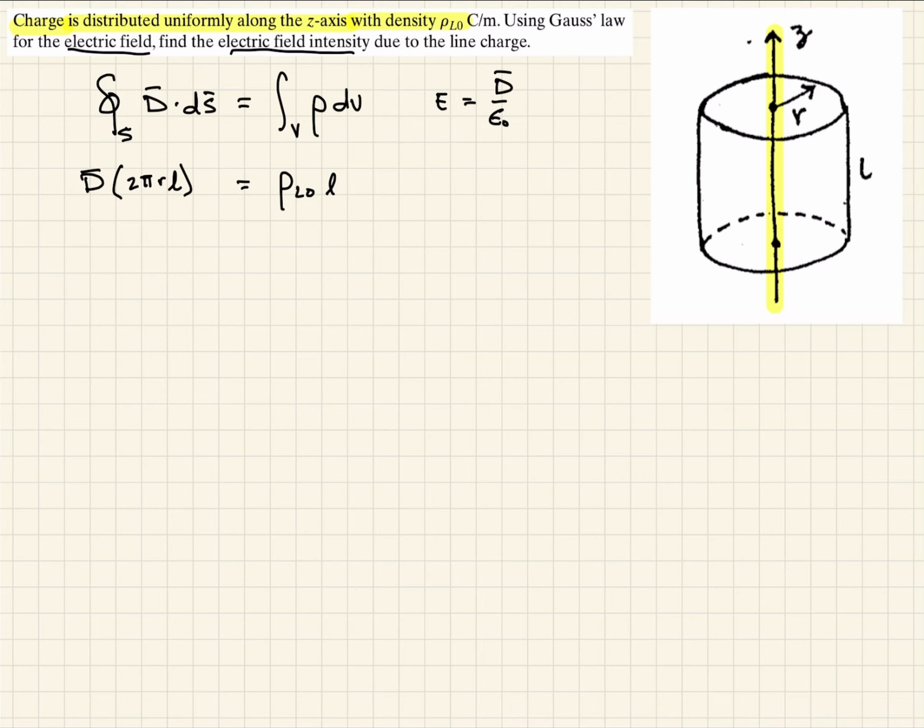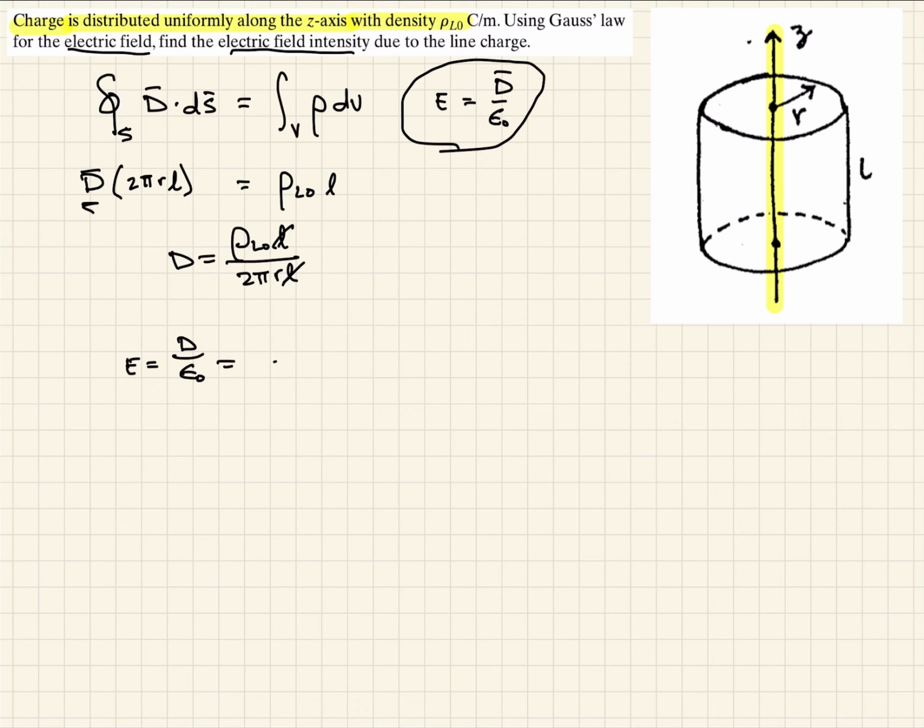So now if we solve this for D, we'll have D is equal to rho L0 L over 2 pi RL. And so the L's cancel out, so the length really doesn't factor into this. And then we recall this relationship here, so E is going to be equal to D over the permittivity.